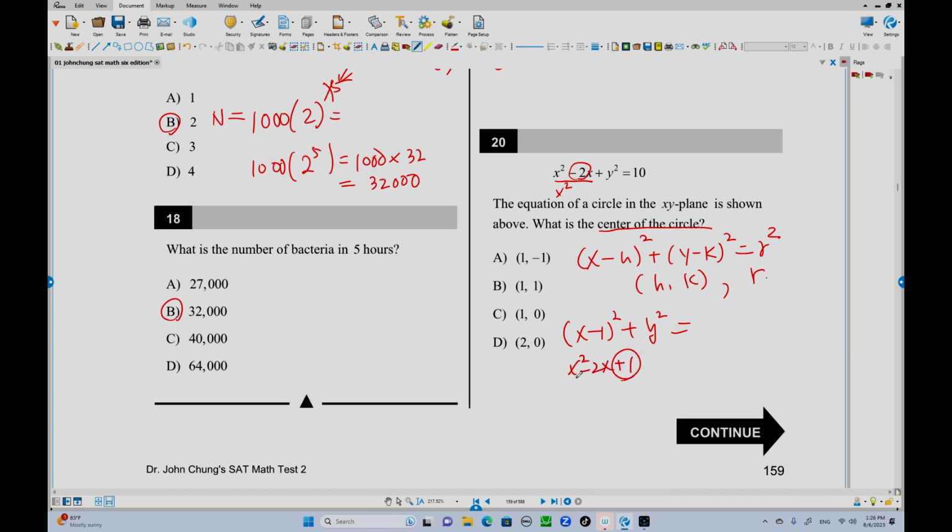We add 1 to make a perfect square trinomial. This will be replaced with the perfect square, so we add 1 to the left-hand side and add 1 to the right-hand side too. Anyway, we only need to find the center, so 1 and 0 is the center.